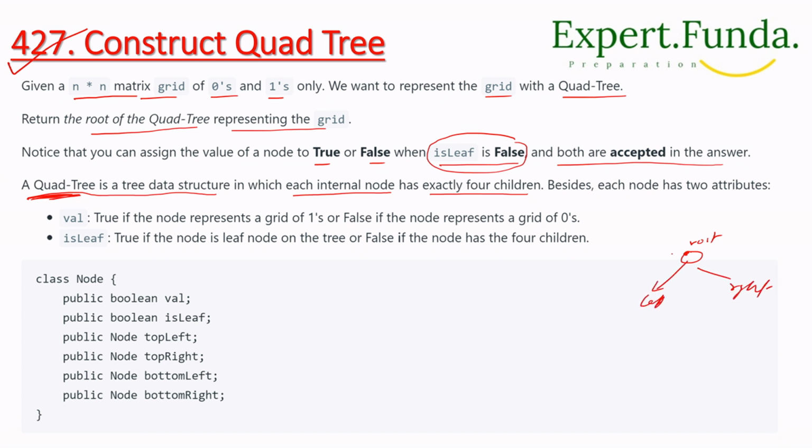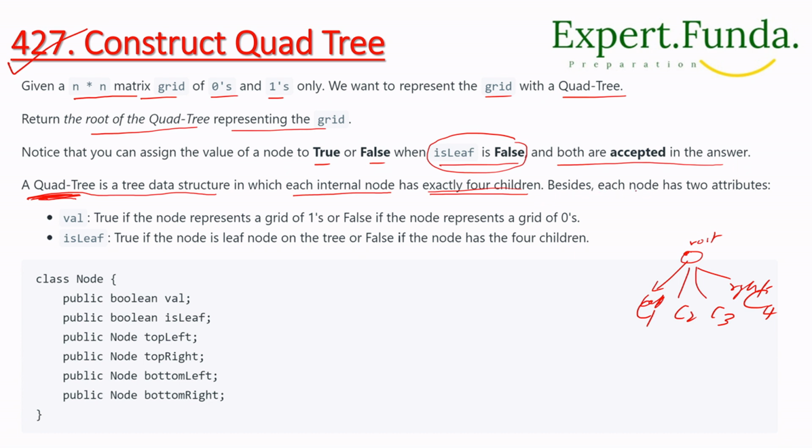In this case, it will have four children like this: C1, C2, C3, and C4. Exactly four children should be there. That is called a quad tree.